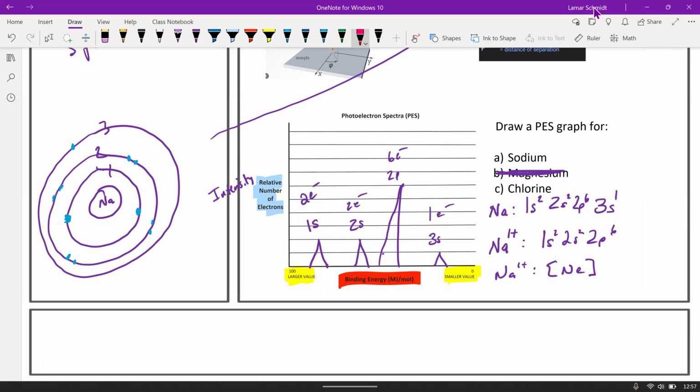So if we were going to show the PES for this, what are we going to see? Is the attraction going to be greater or less than?